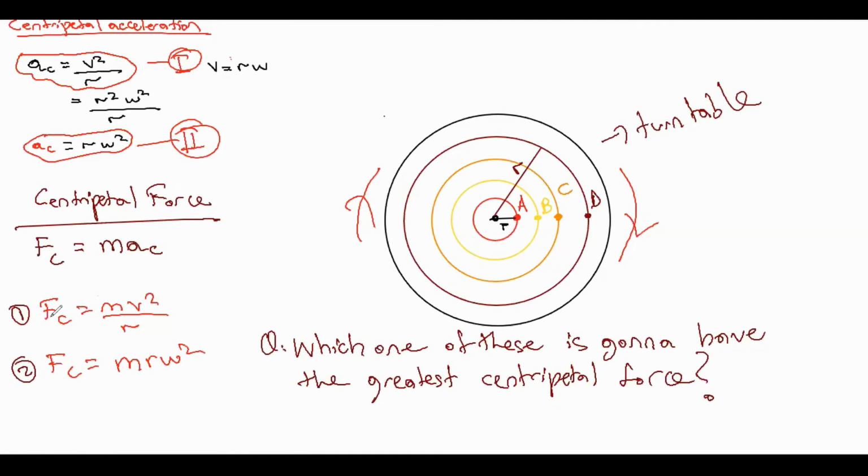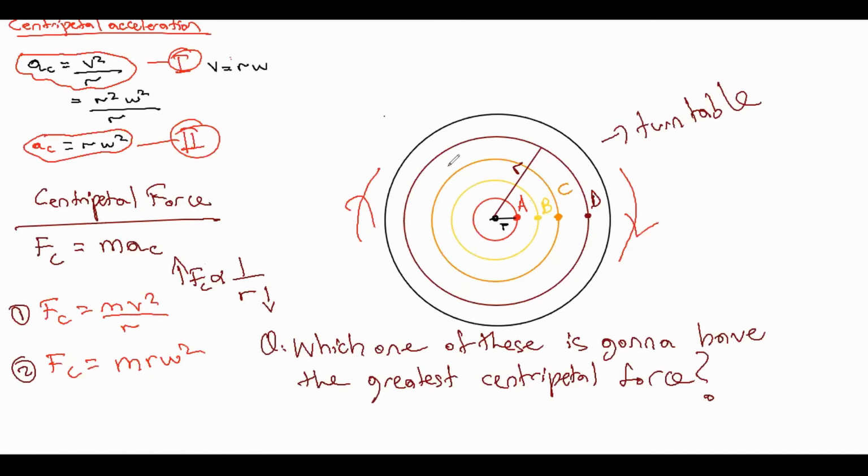You're going to think that FC and R seem to be inversely proportional. This is your first thought. This is not the right answer. So you're going to think that the one with the smallest radius has the greatest centripetal force, and so my answer is A. That's if you follow this equation.